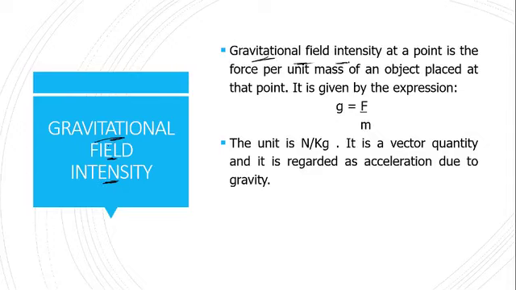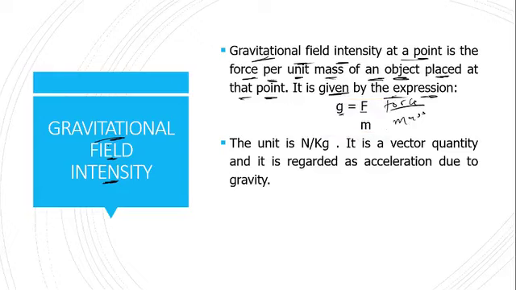Gravitational field intensity at any point is the force per unit mass of an object placed at that point, and it is given by the expression g equal to F over m. Of course, F stands for the gravitational force and m stands for the mass of the body.